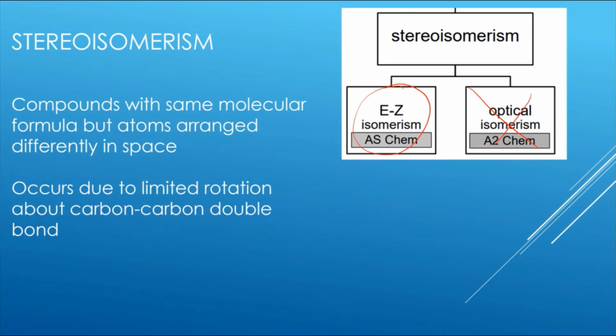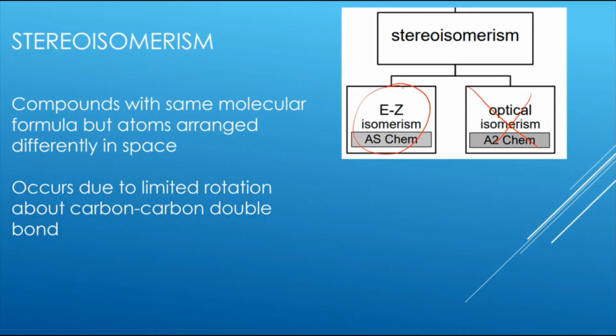This stereoisomerism occurs due to the limited rotation about the carbon-carbon double bond. The carbon-carbon double bond can't move around as it could with a single carbon-carbon bond. That's why it creates limited rotation, and that's why this type of isomerism occurs.